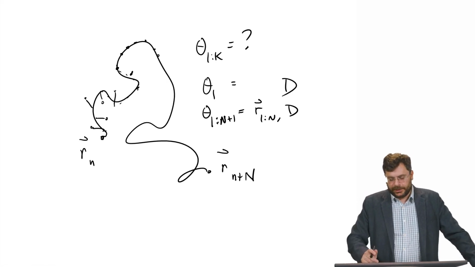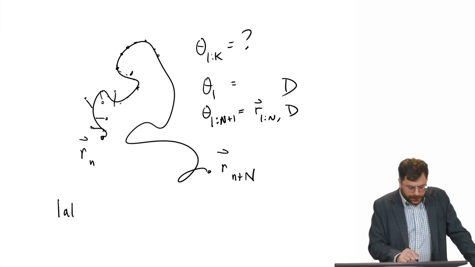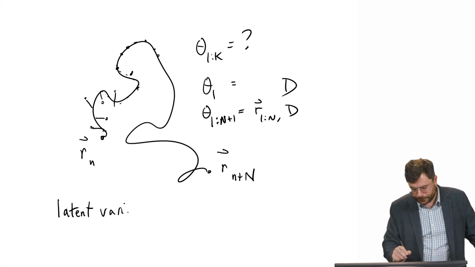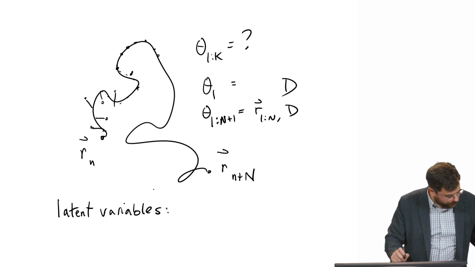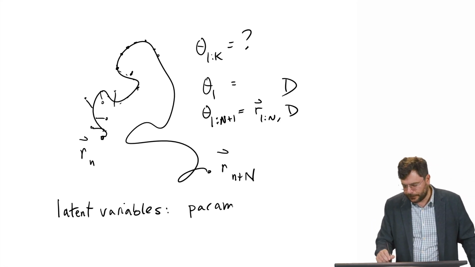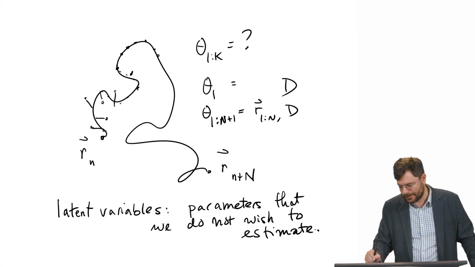So there are different questions we can ask. Now, I mentioned the word latent variable. Latent variables are really parameters, in a way, that we do not wish to estimate.